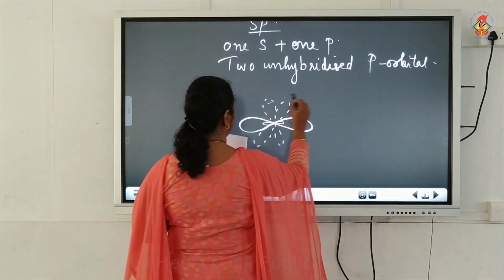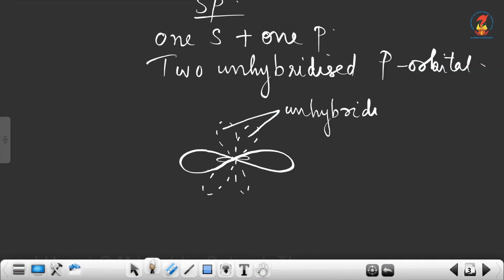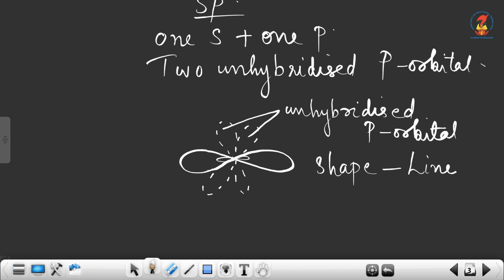So these two are the unhybridized p orbitals. And what's the shape of sp hybrid orbital? Linear, and the bond angle 180 degree.